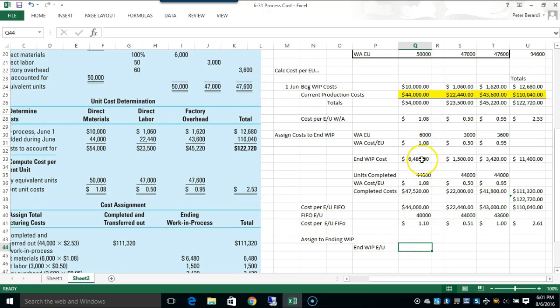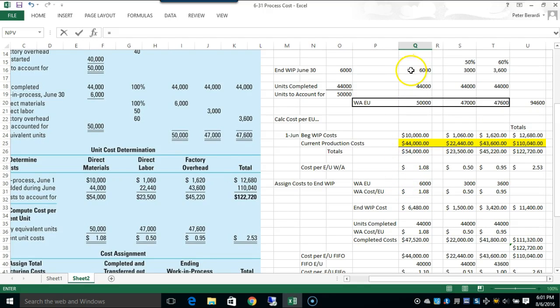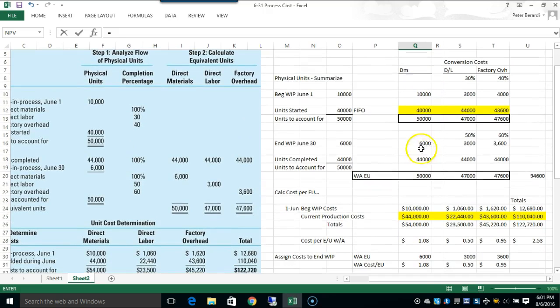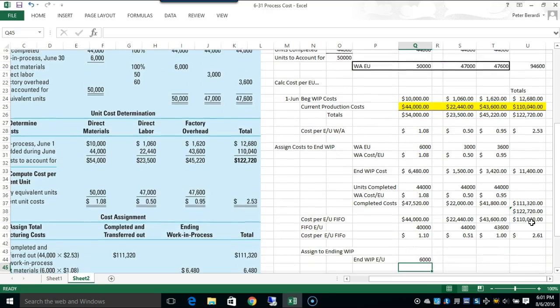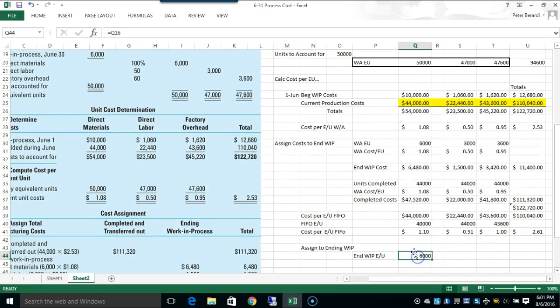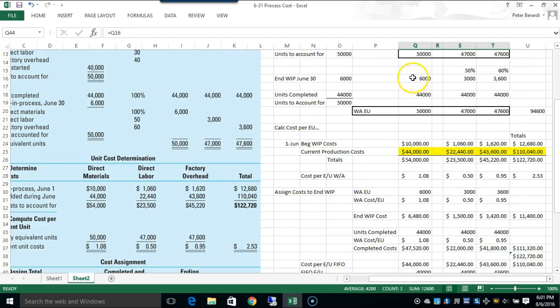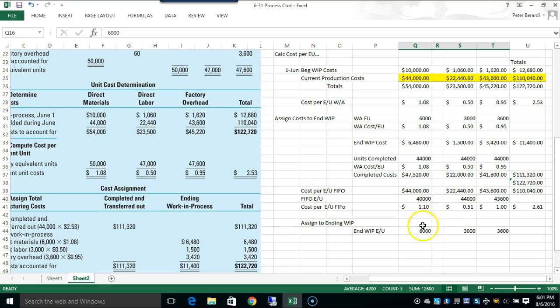We're still using the same equivalent units of 6,000. So these numbers came from the equivalent unit of ending WIP right here in our schedule.